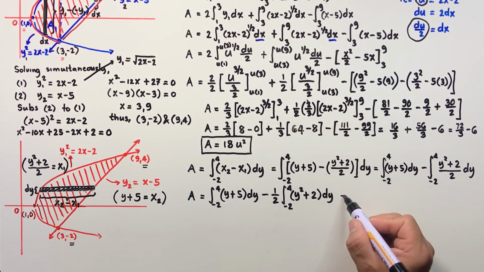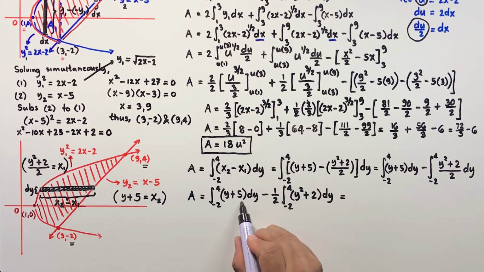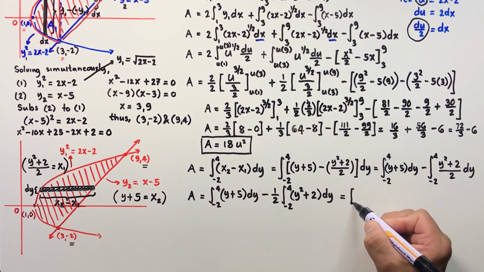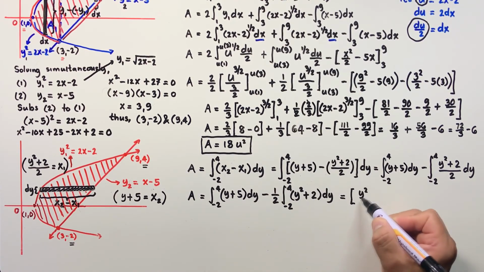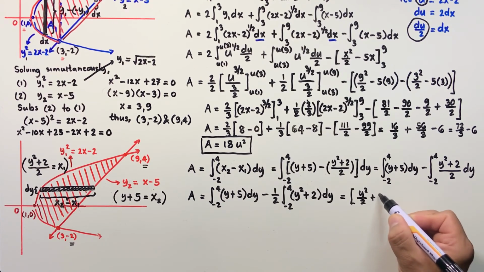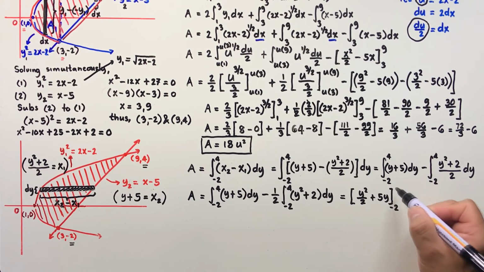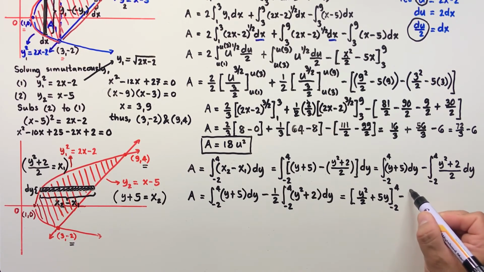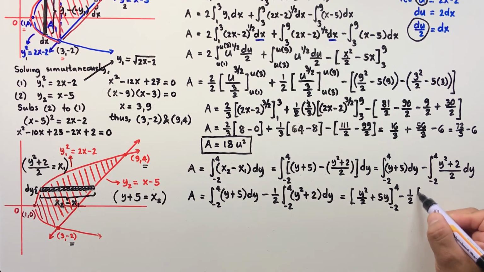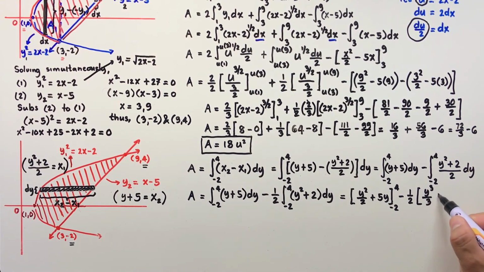And integrating this expression here, the integral is y squared over 2 plus 5y evaluated from negative 2 to 4. And this will be subtracted by 1/2 times the integral of y squared, which is y cubed over 3 plus the integral of 2, which is 2y from negative 2 to 4.